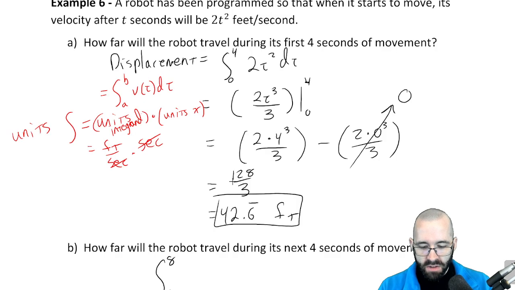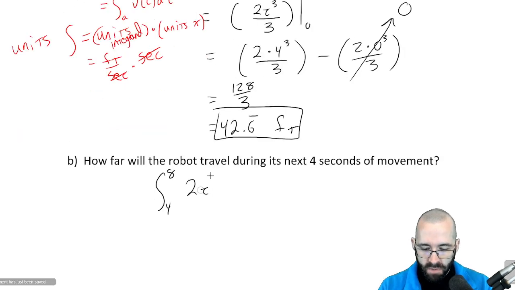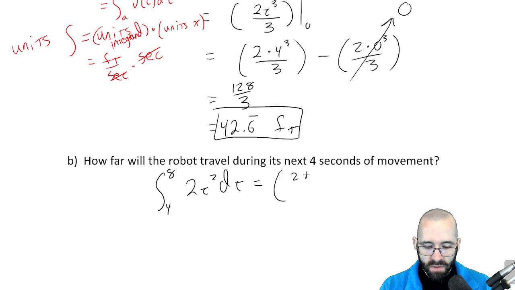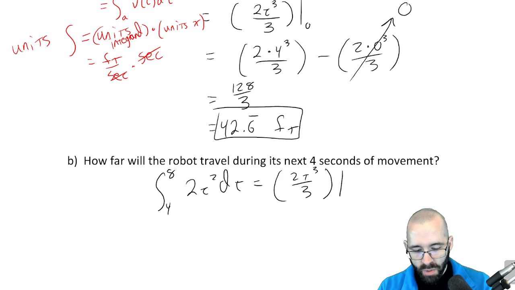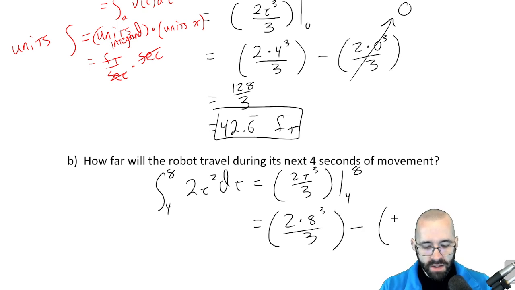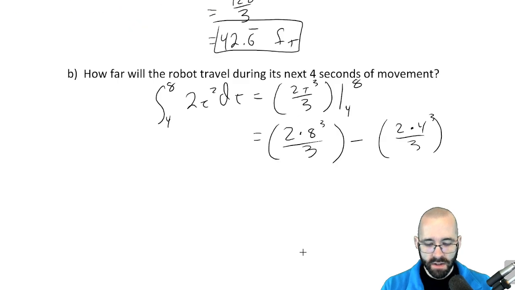Same velocity function, 2t squared. Same antiderivative, 2t cubed over 3. But now we're not going from 0 to 4, we're going from 4 to 8. So very similar, 2 times 8 cubed over 3 minus 2 times 4 cubed over 3.